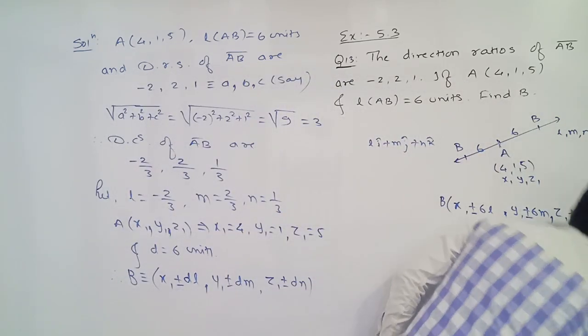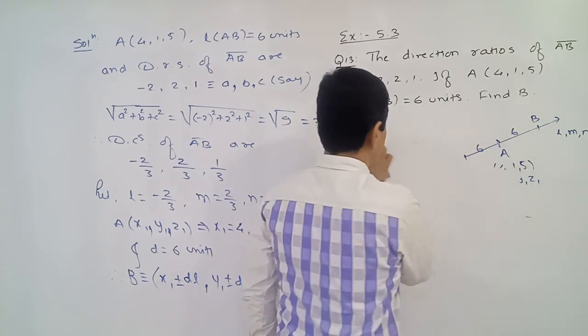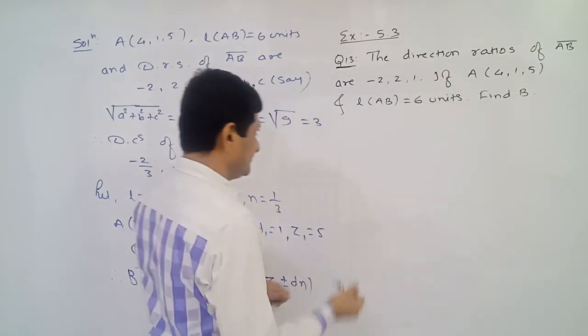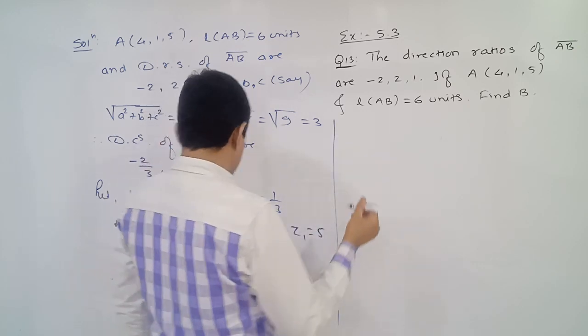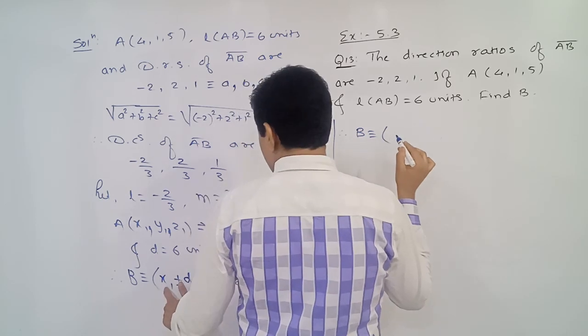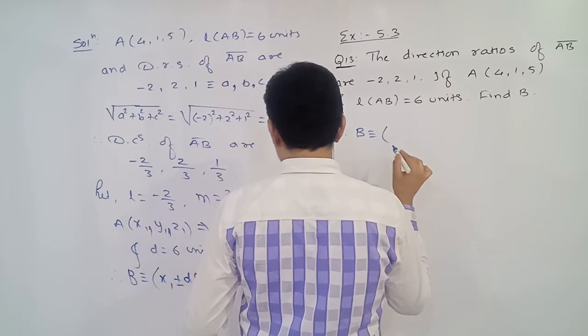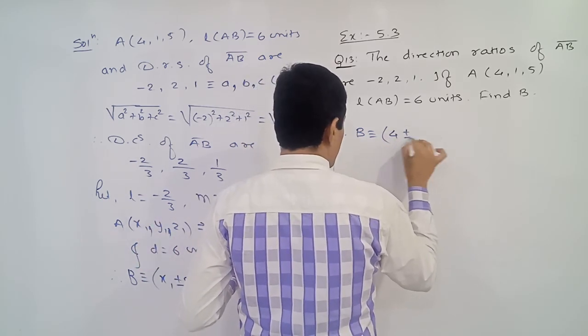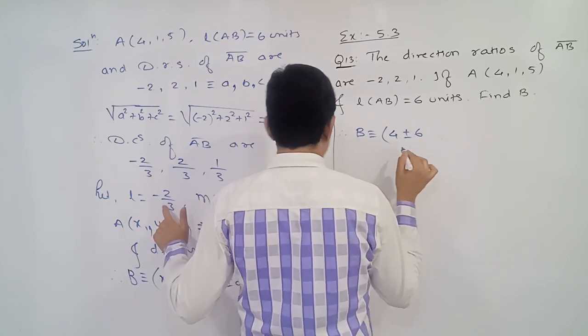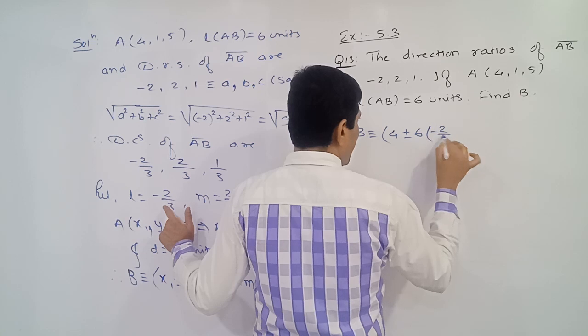Let us simplify it by substituting the values. Therefore the coordinates of point B: x1 is equal to 4, so 4 plus or minus 6, since d is 6, into l, where l is minus 2 by 3.